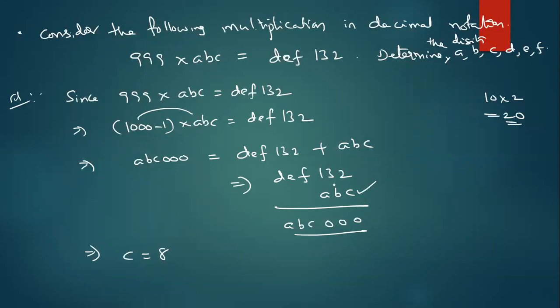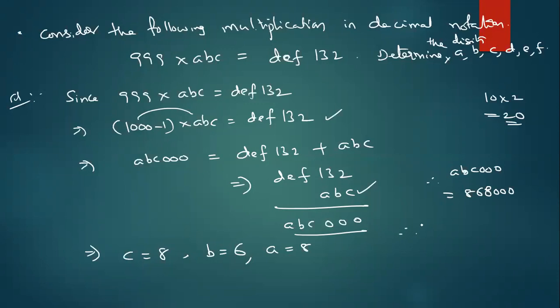So 3 plus B, already 1 plus 3 is 4. 4 plus B equals 0 means B must be 6. Again 1 is coming here. A is equal to 8. That means ABC is the number 868, so ABC000 is 868000. Fine. Now come to the question.